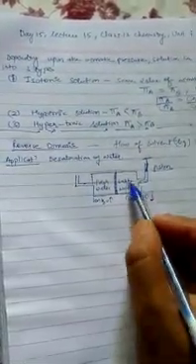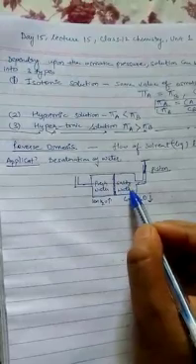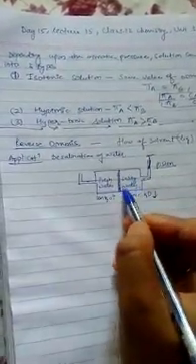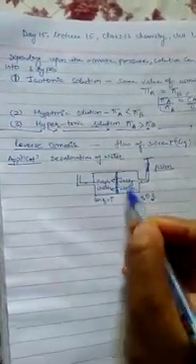That's why the solvent, or the water present in the salty water container, will now move towards the fresh water container through the semi-permeable membrane. That means there will be flow of water from lower concentration to higher concentration on exerting the pressure. So this is the process of reverse osmosis.